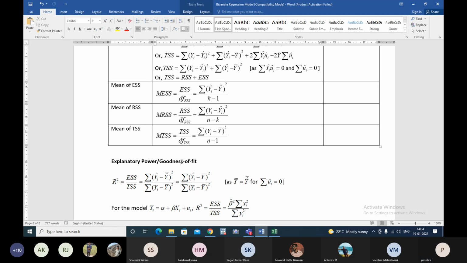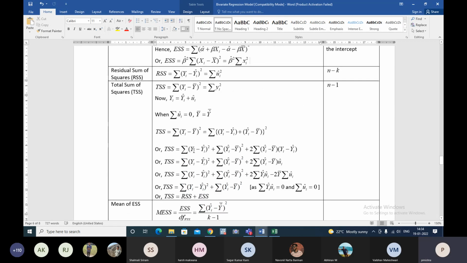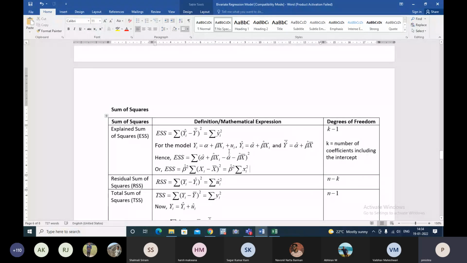Now, if we get back to the concepts of explained sum of squares, it represents the sum of the squares of the deviations of the sample regression function from y bar, or y hat bar, you can say, because we know that y bar is equal to y hat bar when summation of u hat I is equal to 0.